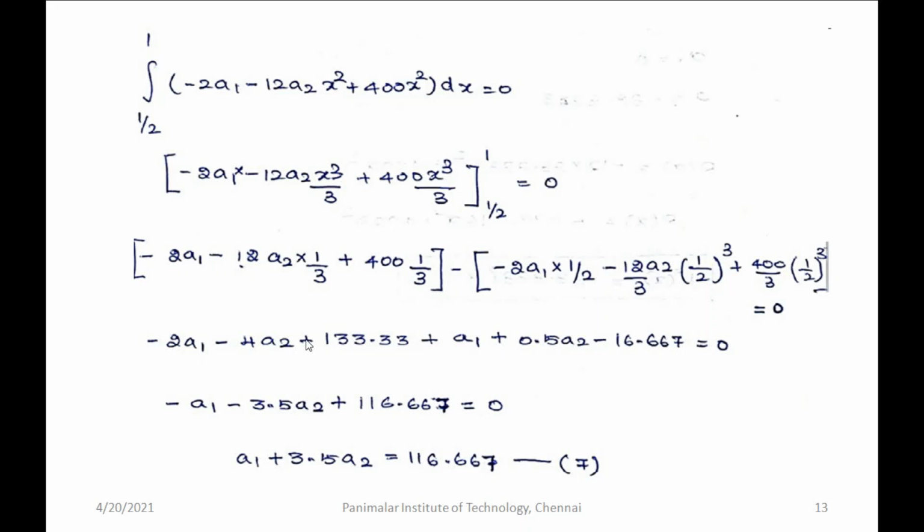Now both limits have values, so you have to substitute the limits and subtract the lower limit value from the upper limit value, right? So you have to do it carefully. Then after subtraction, you will get the final equation as a1 plus 3.5a2 equal to 116.667, right? This is the second equation obtained by using the second subdomain.